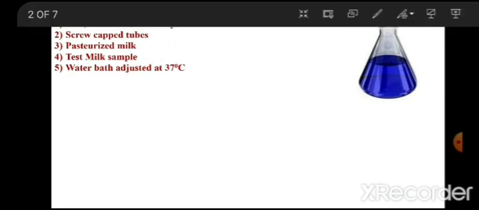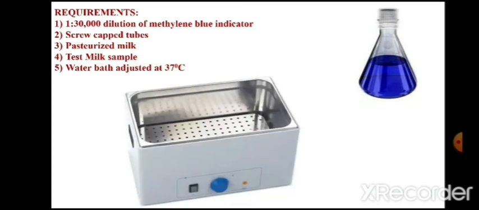Followed by that, what we need for incubation is a water bath, which is adjusted at 37 degrees Celsius. Remember, water bath is useful for the incubation of liquid media at a desirable temperature. Here in this case, incubator is not used. It is water bath.